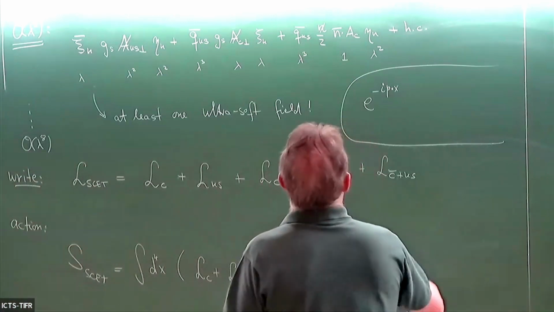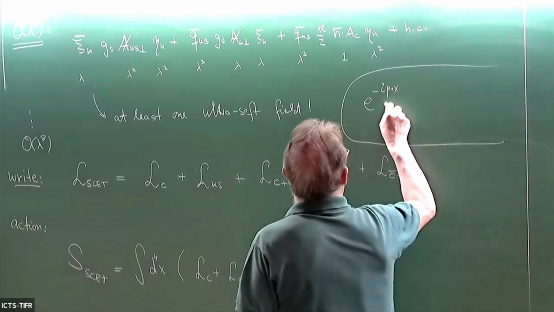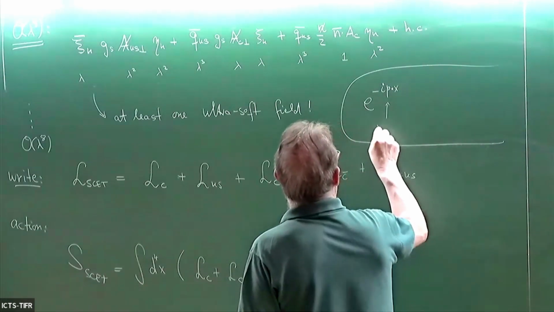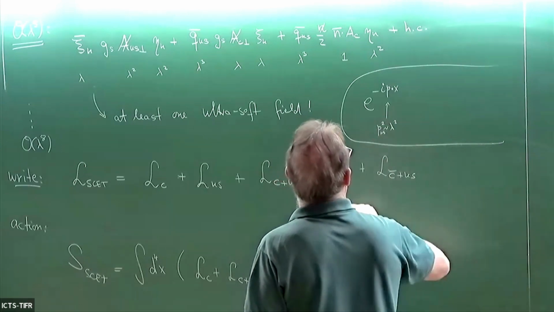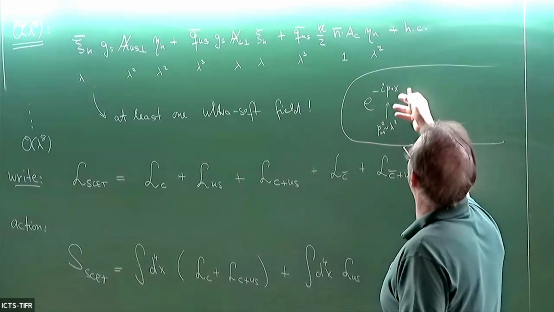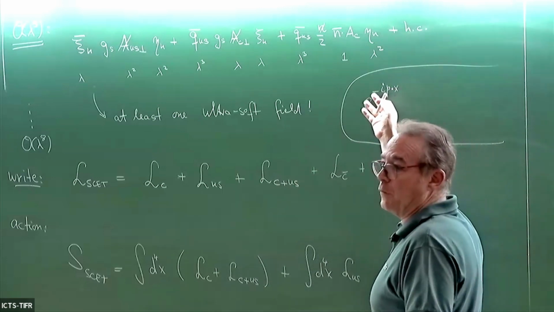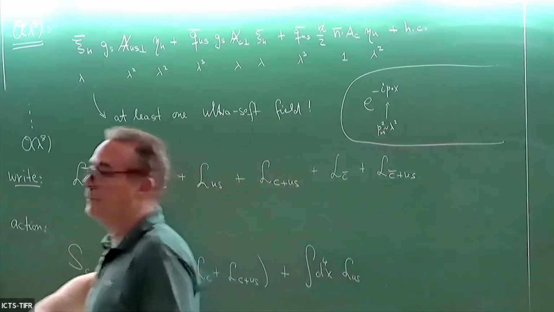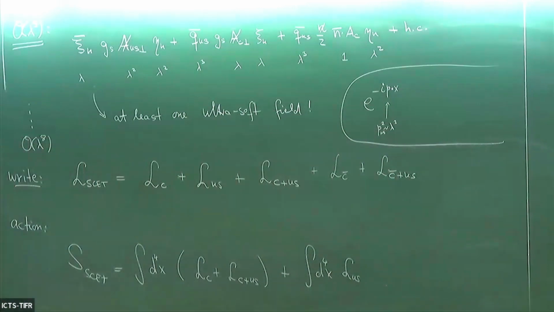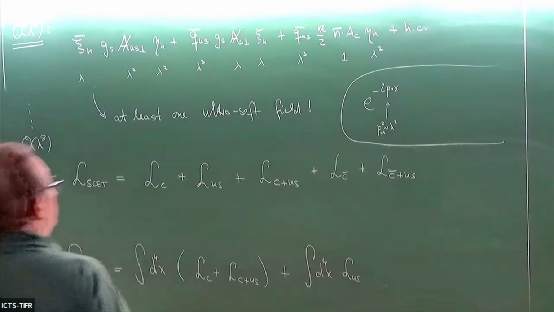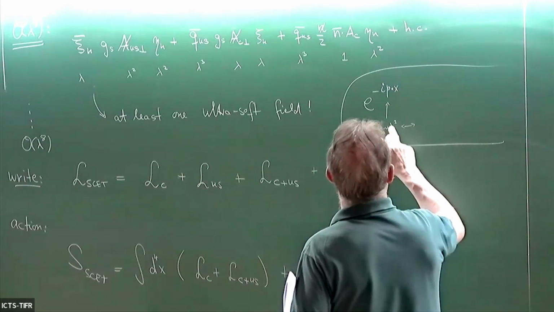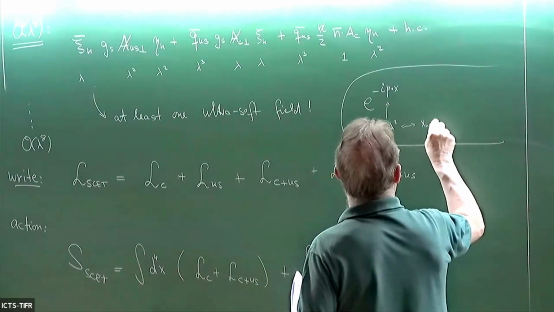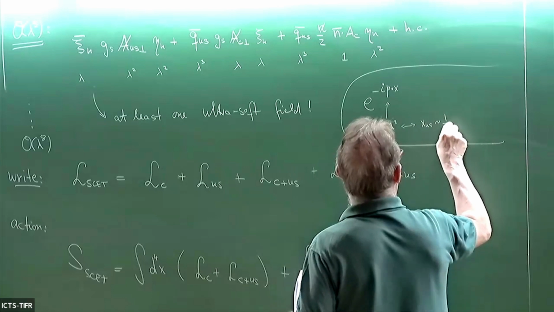And for instance, if we have an ultrasoft momentum here, then p squared counts like lambda squared. And then you would always require that the phase factor should be order 1. If the phase factor is much bigger than order 1, then the phases oscillate like crazy and the contributions will average out to 0. So p ultrasoft of order lambda means x ultrasoft of order 1 over lambda squared.